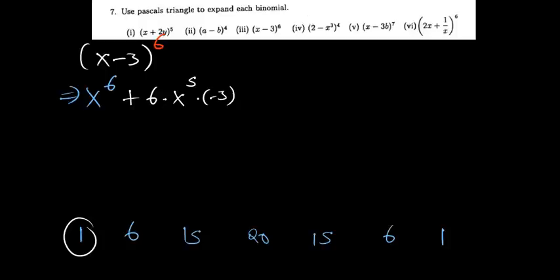Let's do it quick. For the first one, it's just x to the power 6, multiplying by the coefficient of 1, which makes no difference. The next part, the coefficient is 6. The power of x will reduce by 1 to be 5, and then I'm multiplying by negative 3 raised to the power 1.